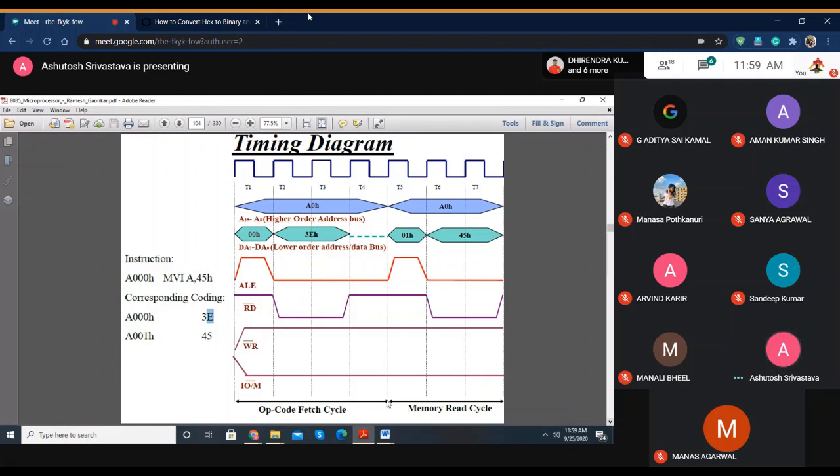Yeah. So first of all, you draw this. Basically, we are again talking about this instruction. It can be bifurcated into the opcode fetch cycle, which is up to T4. This is basically the timing diagram, and it essentially talks about how the whole timing happens internally. Up to T3, both your lower and higher order address bus are being concentrated upon.